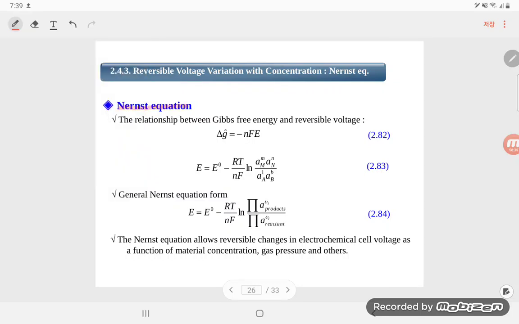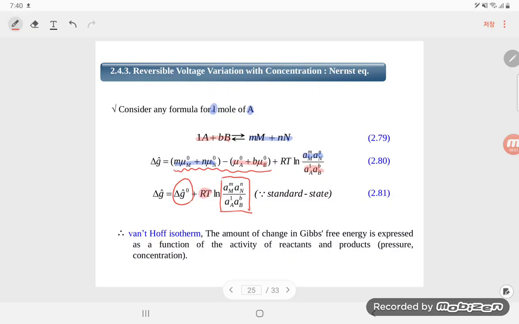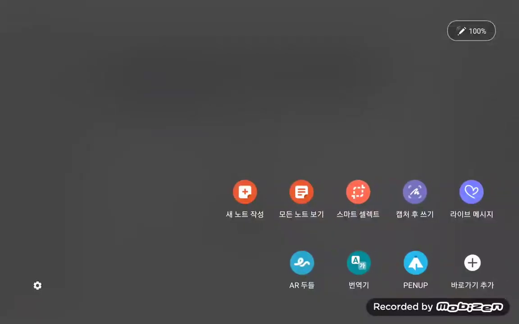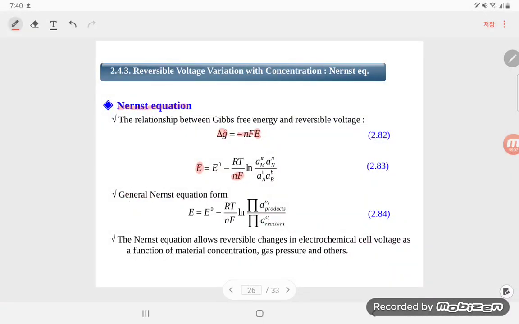The Nernst equation is related to the activity, which is the concentration of each species. So the Gibbs free energy is related to the activity, and if we divide by minus nF on the left side, then we can get the E in here, and minus nF is divided here like this. So this is the general form of the Nernst equation, but we only consider very simple reactions. So just remember this one.